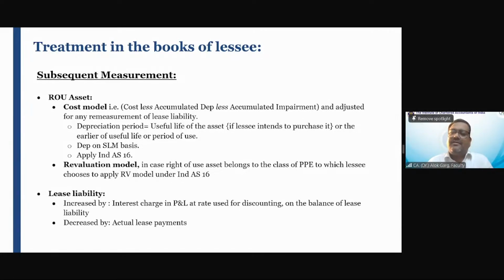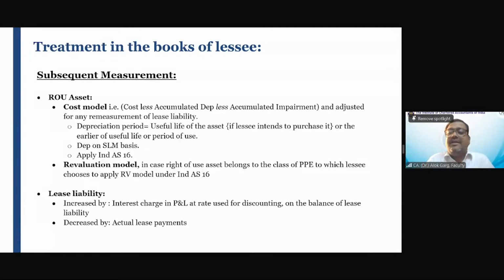But when 3 years have passed, after 3 years, it has become reasonably certain that the lessee is also going to avail the renewal option. After 3 years it became certain that the lessee will avail the renewal option.